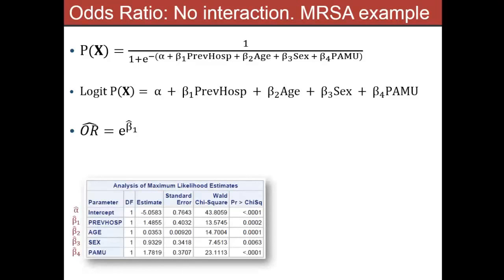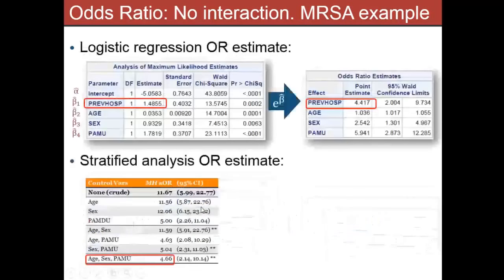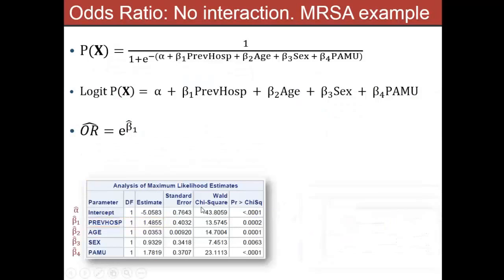If I actually ran proc logistic, in the model statement you'd have the outcome equals previous hospitalization, age, sex, PAMU on the right side of the equal sign. And what you get is a table like this out of SAS, listing intercept, previous hospitalization, age, sex, PAMU.